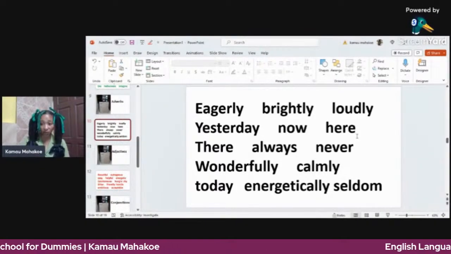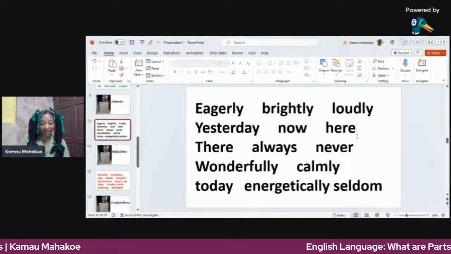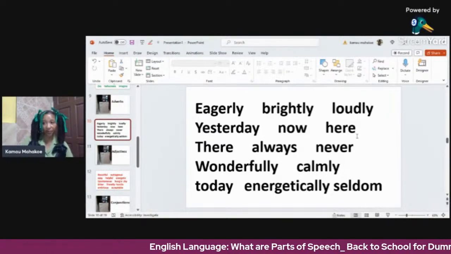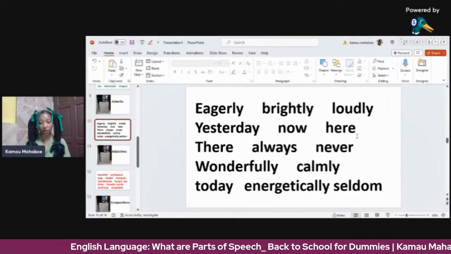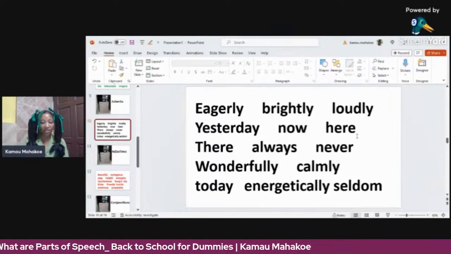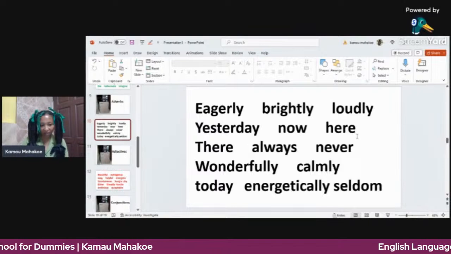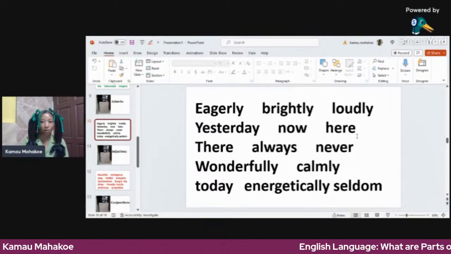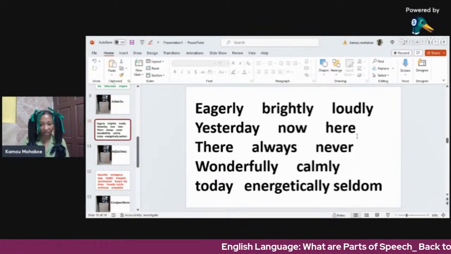So, for example, if I use the word bank, if I say bank, and I ask you, what part of speech is bank? Well, most persons would say it's a noun because it's a place, right?